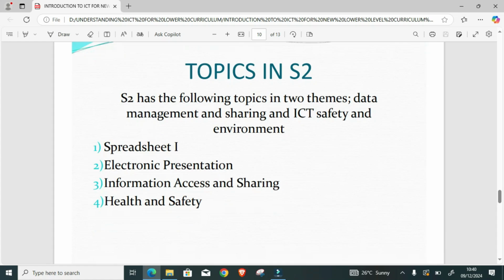So those are the 5 topics that are meant to be covered in senior 1. And in senior 2, it also has 2 themes, that is data management and sharing and ICT safety and environment, of which we have spreadsheet 1, electronic presentation, information access and sharing, and also health and safety.